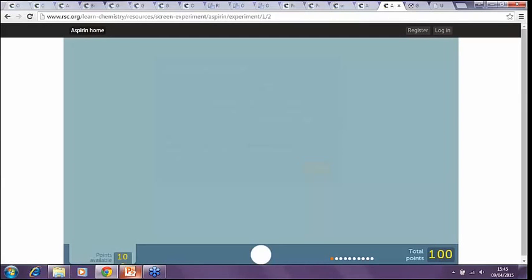But this way it's not going to remember where I got to. Is it loading? It's taking a little minute. I might have to ditch that one. I've got some screenshots of this one if it's not going to work.